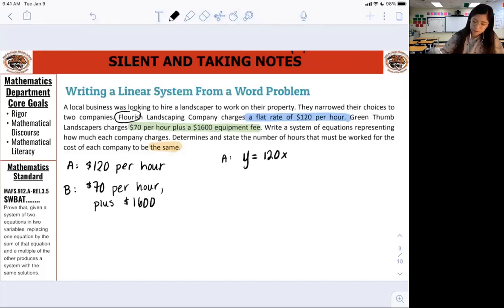What about equation B or company B? 70x plus 1600. Good. Y equals 70x plus 1600. There's my system. Questions on how I made those equations to begin with?